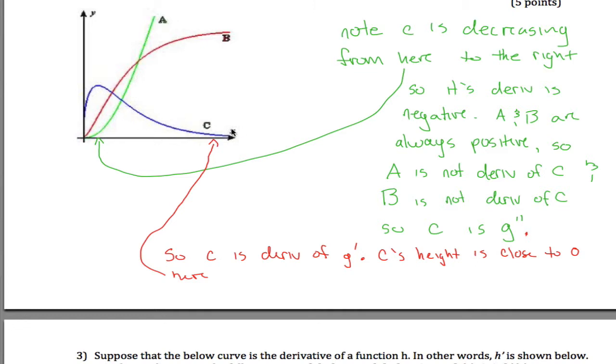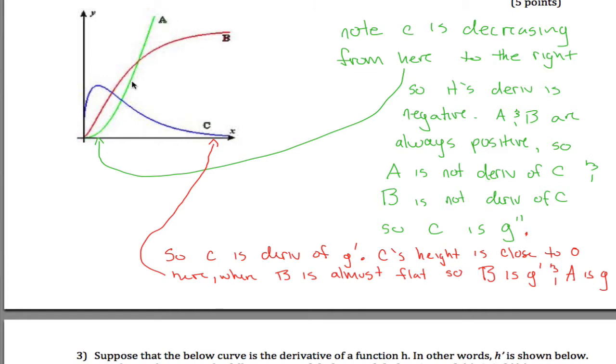The height of C is getting really, really close to 0 here, right when B gets close to flat. So C's height is close to 0 here, where B is almost flat. So what that tells us is that C is the derivative of B. C is the derivative of G prime, so B is G prime. And by process of elimination, A is G.